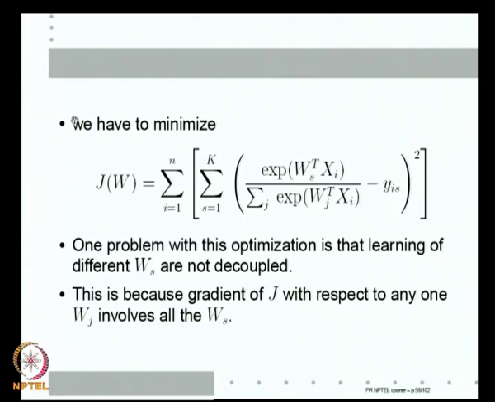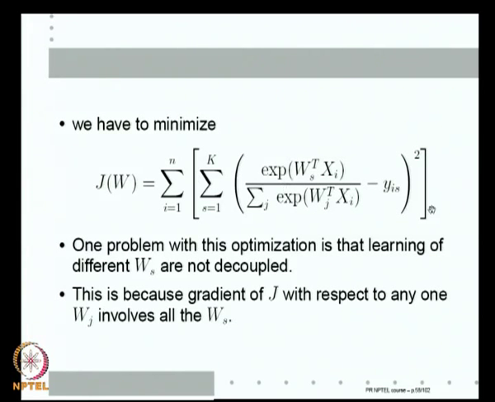Specifically, what does that mean? If I want to take gradient of J with respect to a particular Wj, it involves all the other Ws, right, because of this normalizing term. Because of this term, if I want gradient with respect to, say, W1, then the s equal to 1 term is what comes here, but this denominator will be there. Not only that, all the other terms in the summation will have W1 in the denominator.